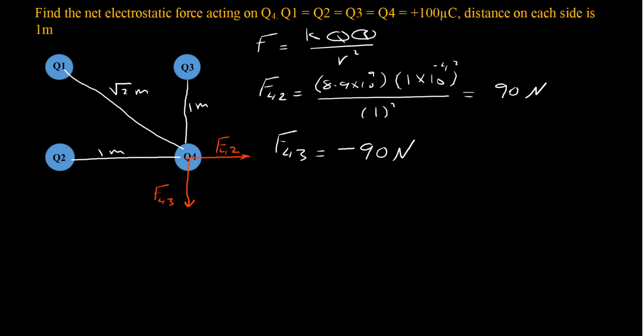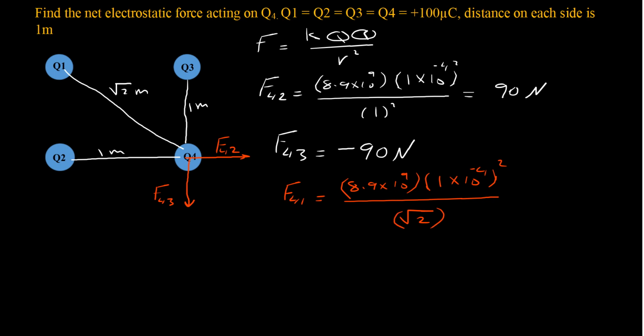Now for F41, the same way, it's 8.9 times 10 to the power 9 multiplied by 1 times 10 to the power minus 4, squared because they are the same charges, divided by the square root of 2, and don't forget the square of the r.